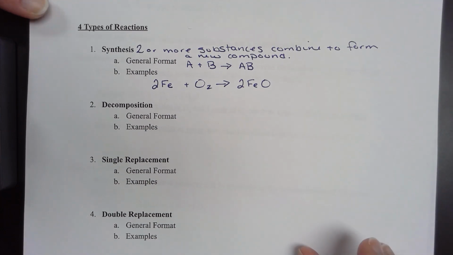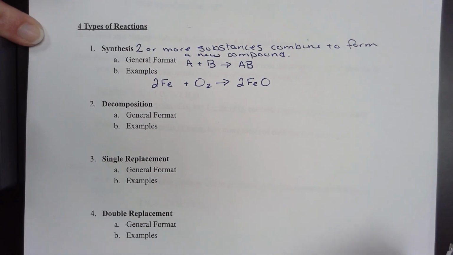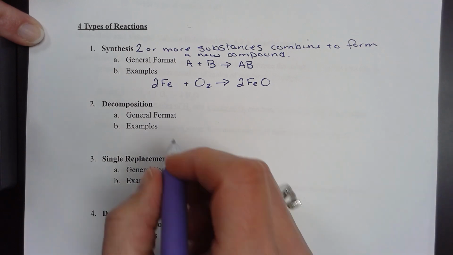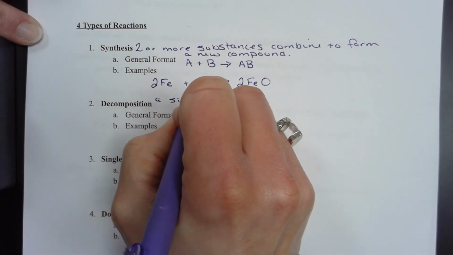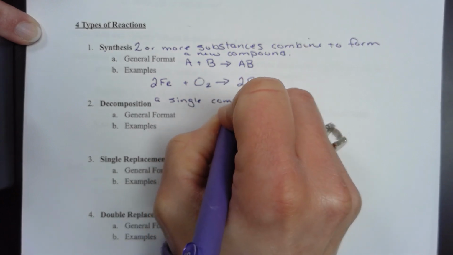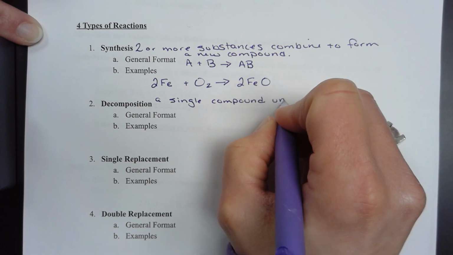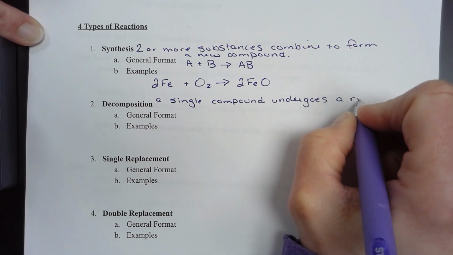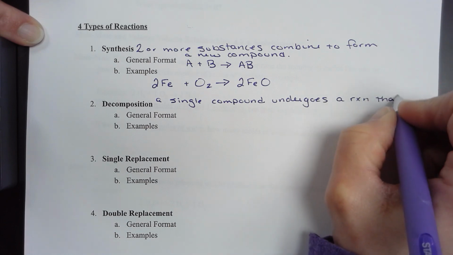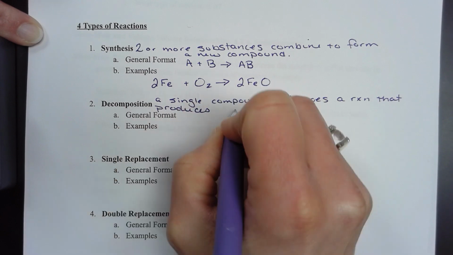Our second kind is decomposition. It's a single compound, generally a single compound, that undergoes a reaction that produces 2 or more simpler products.